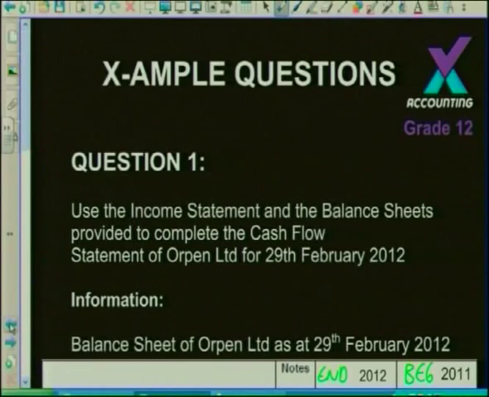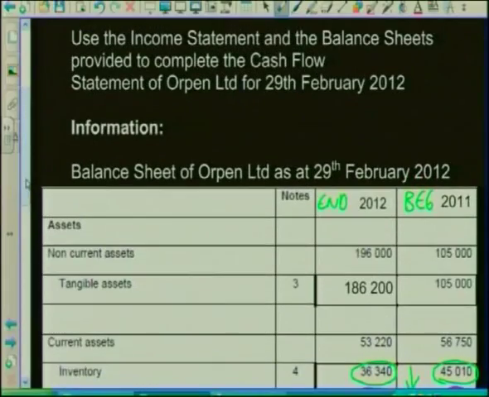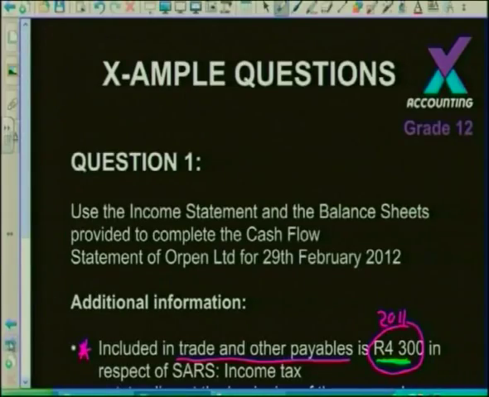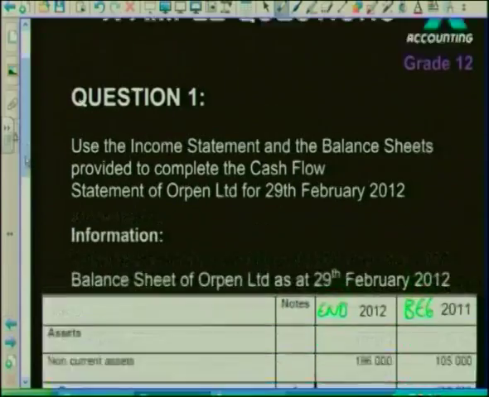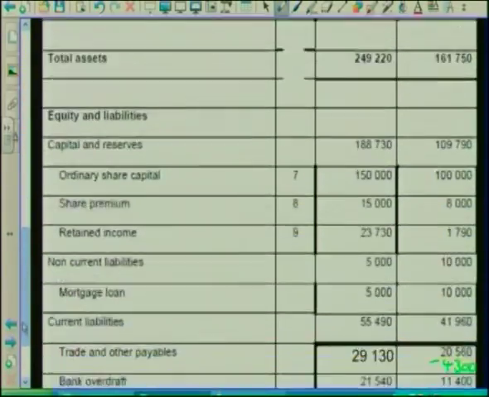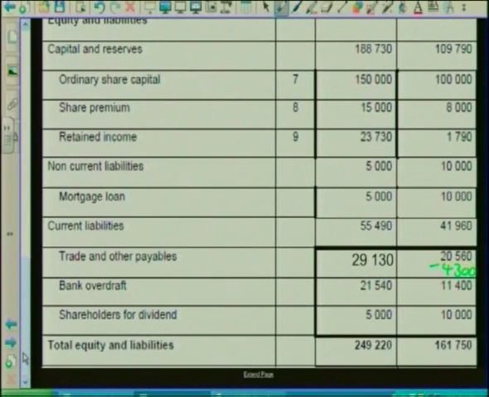So let's go back there to the question quickly. There we go, there's our balance sheet. Trade and other payables, so we obviously need to subtract this amount of 2,310. Right, we need to do this first and then we compare the 2 years. So let's take out our calculators. There we go.